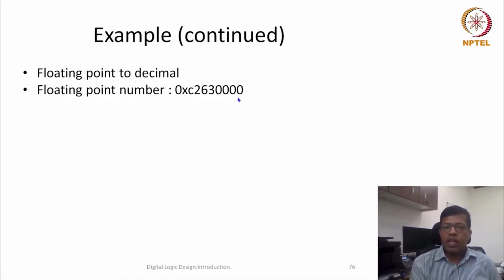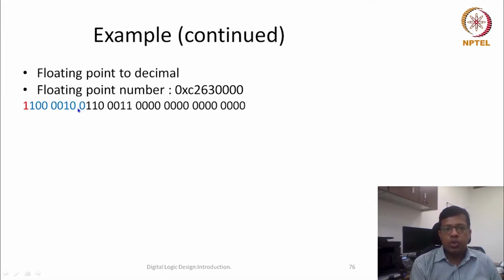In binary we'll further make groups of 4, that means we'll break it into nibbles to make things easy. First is C, which means 12, then the next nibble is 2, the next is 6, the next is 3, and the rest of the 4 nibbles are 0. Now we know the binary notation of this floating point number.